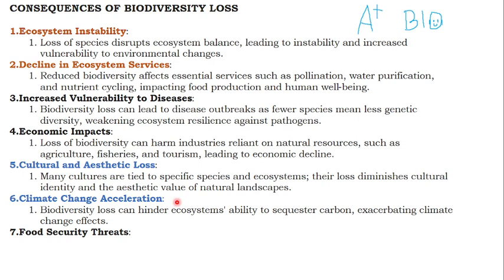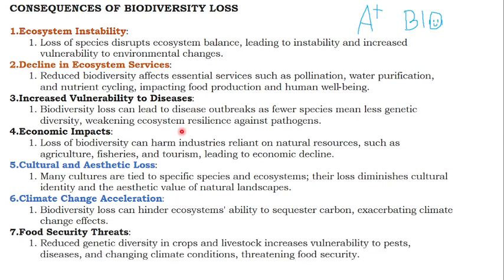Food security threats mean food security will be disturbed. There is no food once there are no plants and no animals. Reduced genetic diversity in crops and livestock increases vulnerability to pests and diseases. Remember, in agriculture, people are told to do crop rotation.